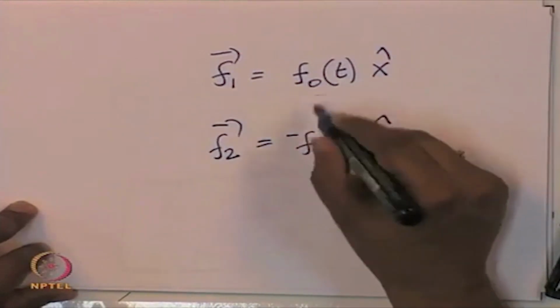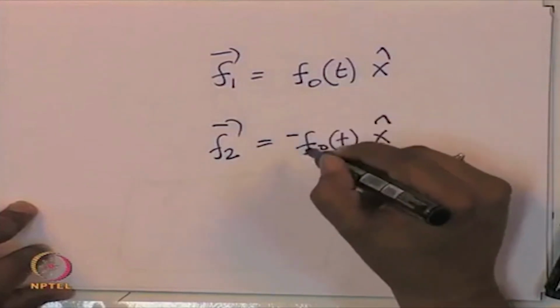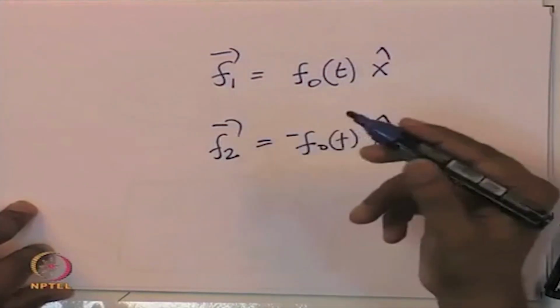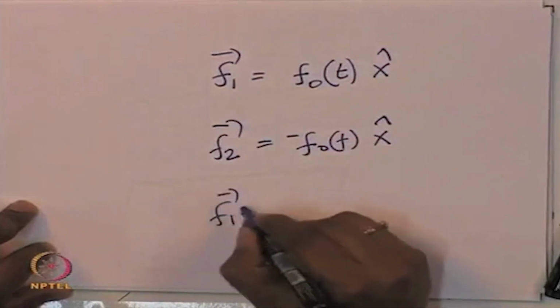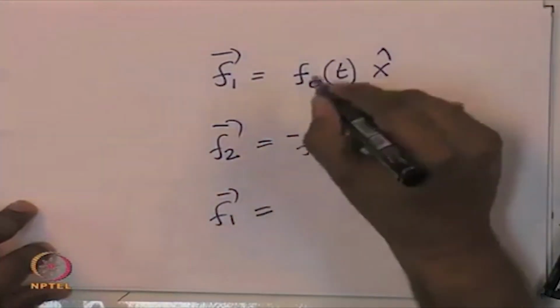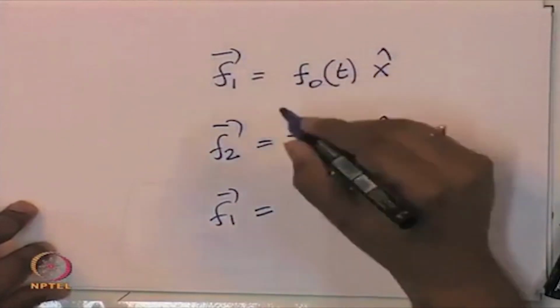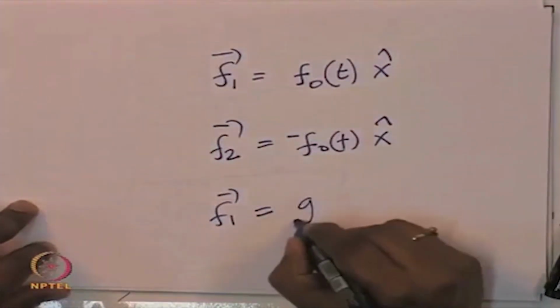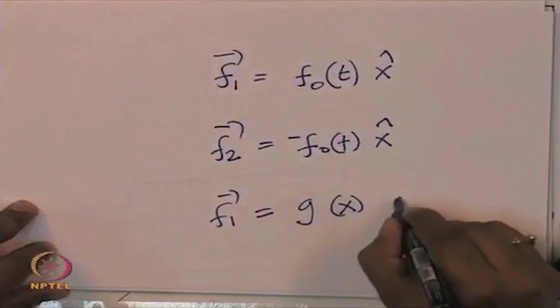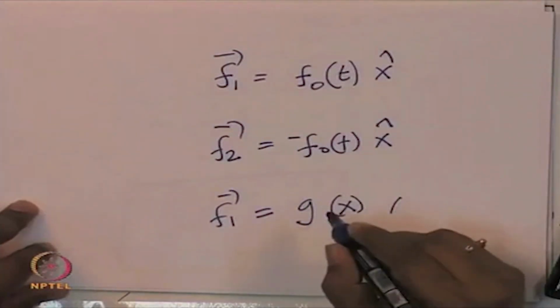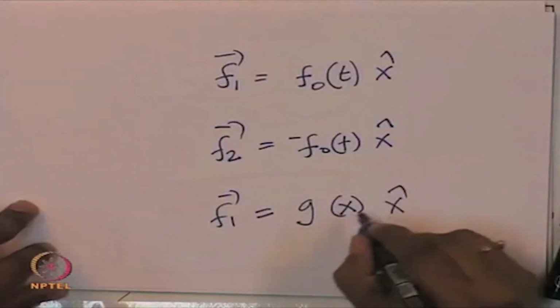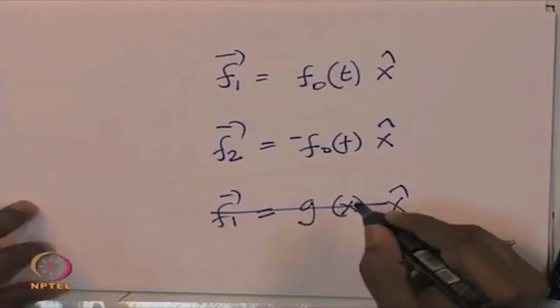Now, you need not even have this F 0 and F 0 both, you can have some function. F 0 is just notation, it does not mean anything else. So, you can call this some function g of t. It can be g of x and t in principle, along x cap.